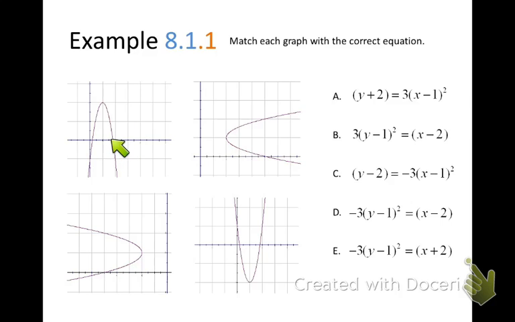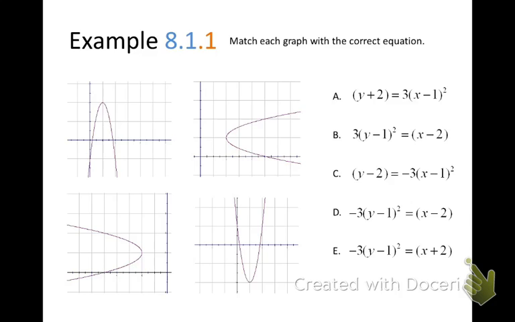Which direction it opens. So based on the direction of opening, what variable do you expect to be squared? X, because it's a vertical graph means x squared, right? If your vertex is at 1, 2, what do you expect that squared factor to look like? X plus 1? Minus 1. Good. Yep, so you're expecting part of your equation to look like x minus 1 squared, and then the other part to look like y minus 2 without the square, right?